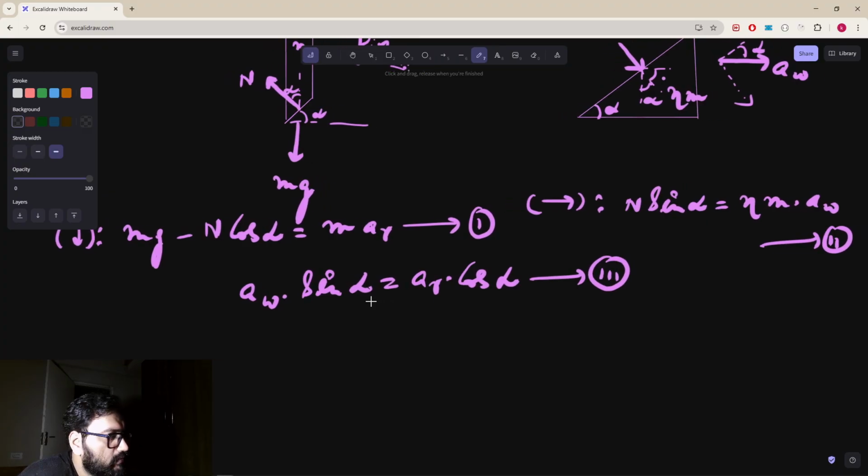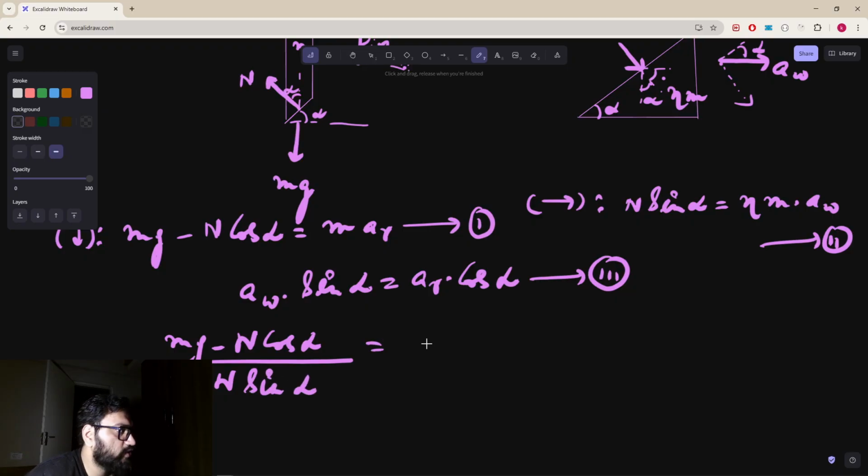Okay, so if I divide the first equation by the second equation, I get (mg minus N cos alpha) divided by (N sine alpha) is equal to, m gets cancelled, 1 by eta times AR divided by AW.